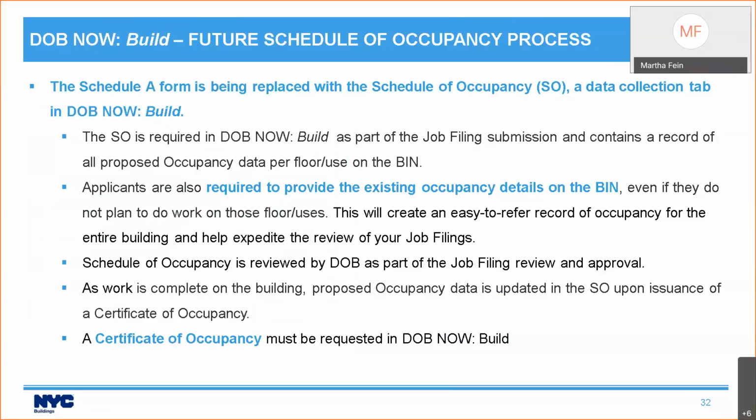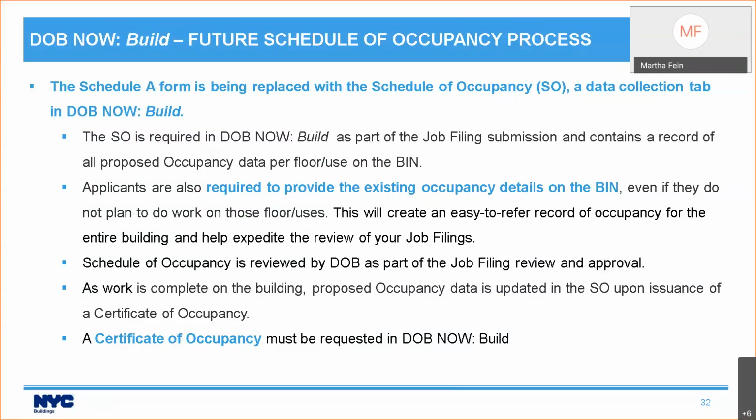Remember I said we don't have work on floors? That's because in the Schedule of Occupancy tab, anywhere you put in proposed occupancy means that you are doing work on that floor. You are also required to provide the existing occupancy details on the build, even if you do not plan to work on those floor uses.